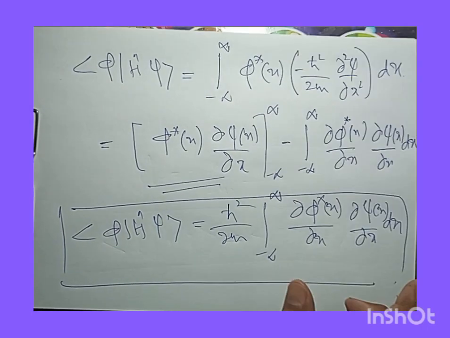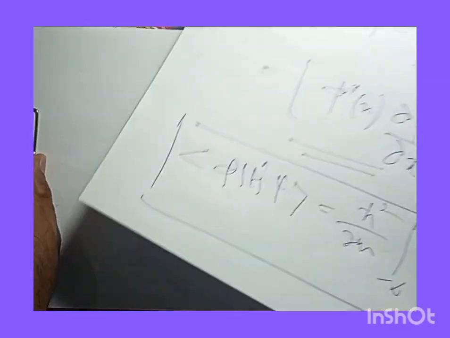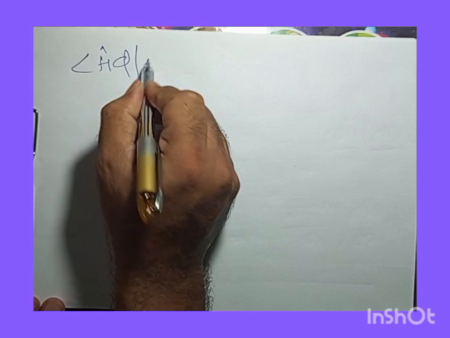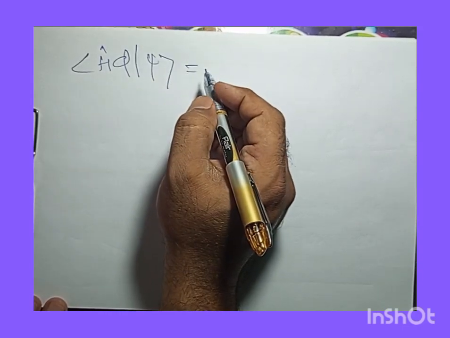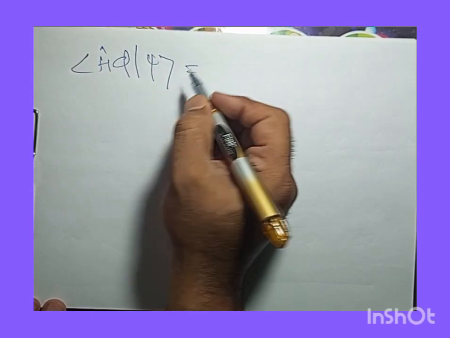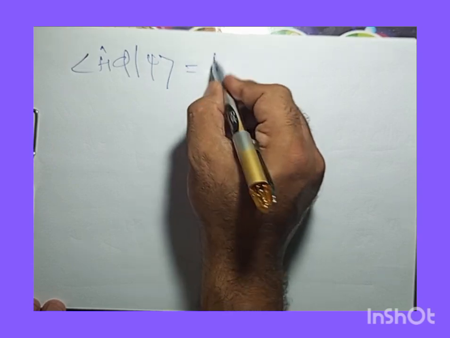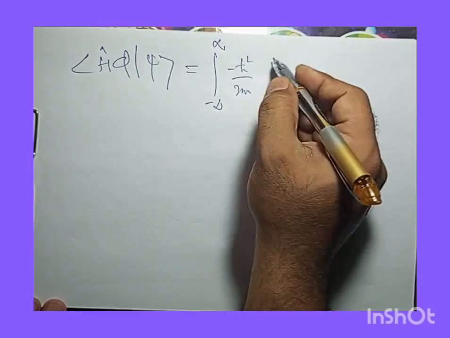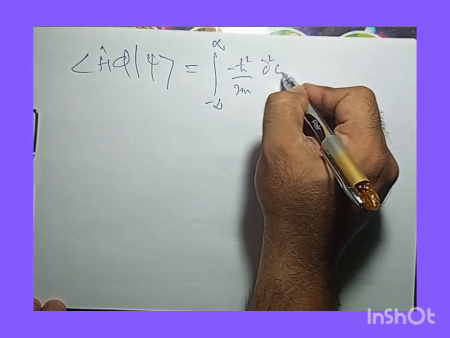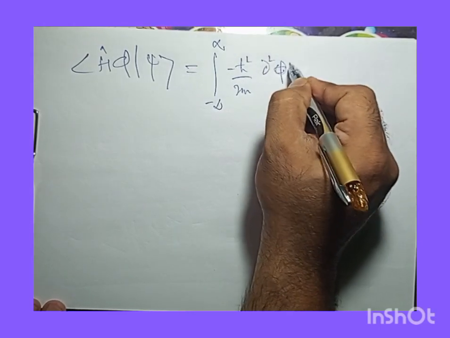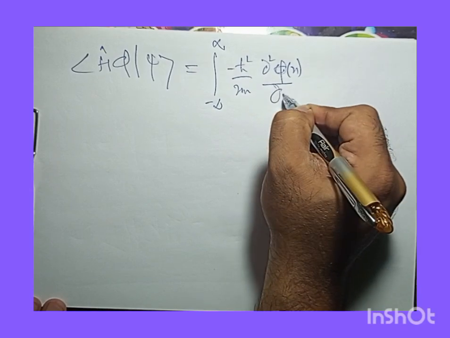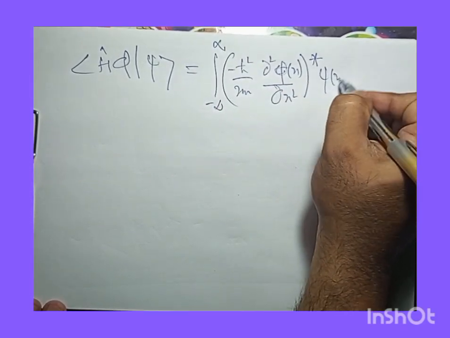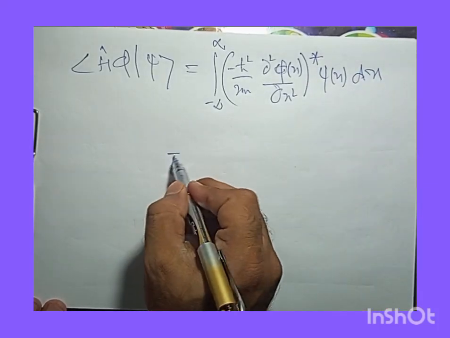So that is H cap of phi and psi, the inner product of H cap of phi and then psi. In this case, we will have the integral from minus infinity to infinity of minus h cross squared by 2m, dou 2 phi of x by dou x2, this whole has to have a star on it, then psi of x and dx. That's quite evident.